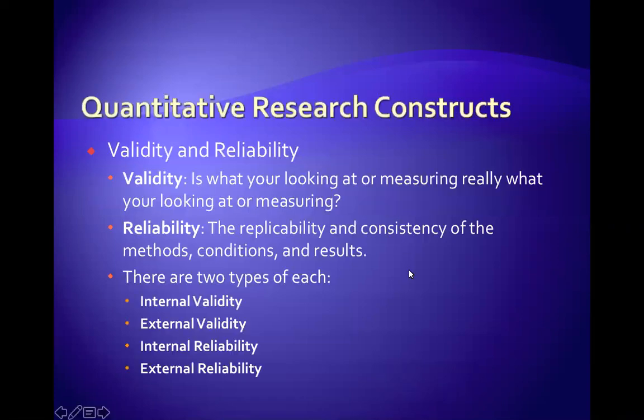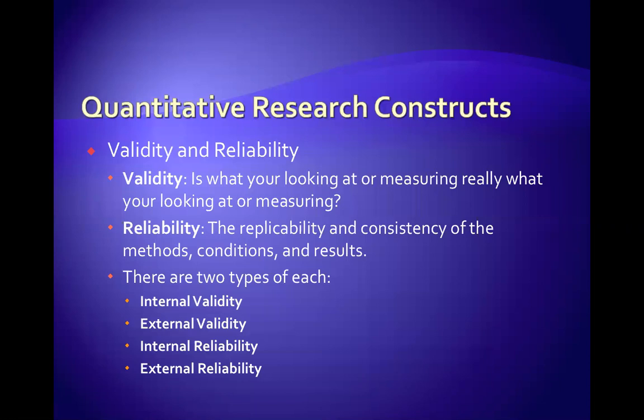So, okay, the first one, I gave you this slide last week in terms of the basic definitions of validity and reliability. And really, once again, it goes back to this: you have to know that what you're measuring, studying, or manipulating is really what you're measuring, studying, or manipulating.